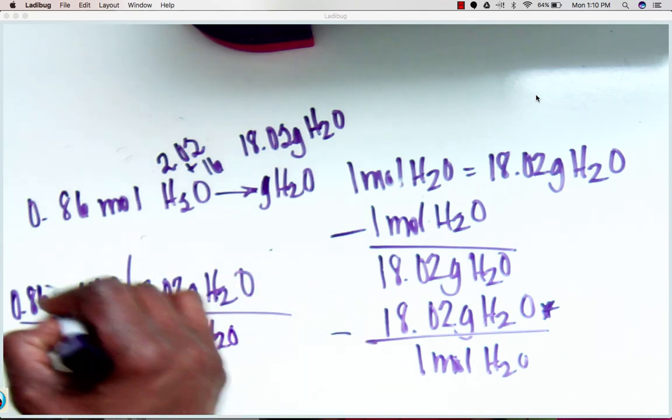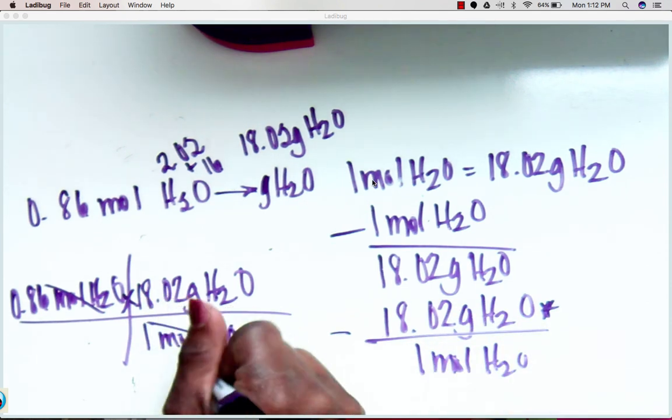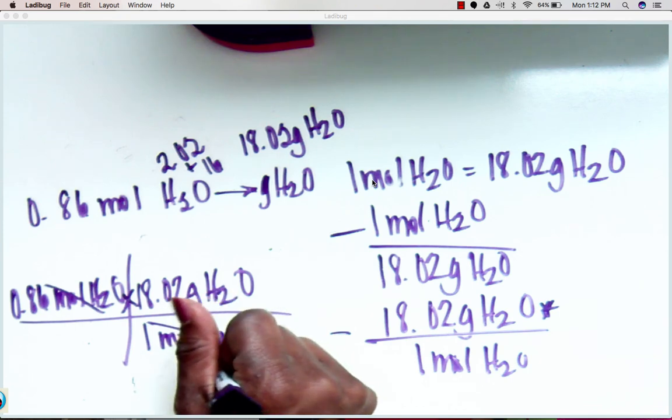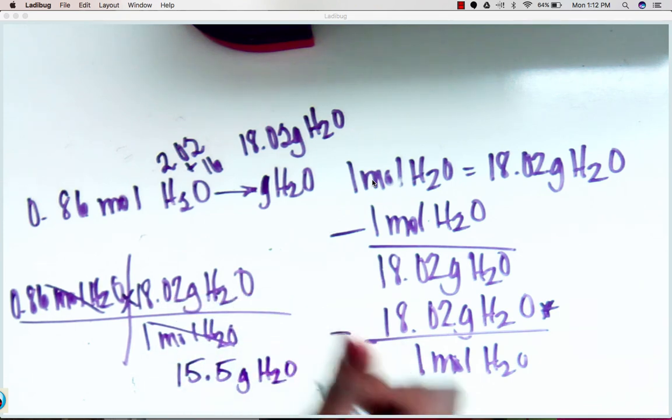Now we multiply the numbers in the numerator and divide by the numbers in the denominator. So it becomes 0.86 times 18.02 grams, divided by 1 mole of water, and that equals 15.5 grams of water.